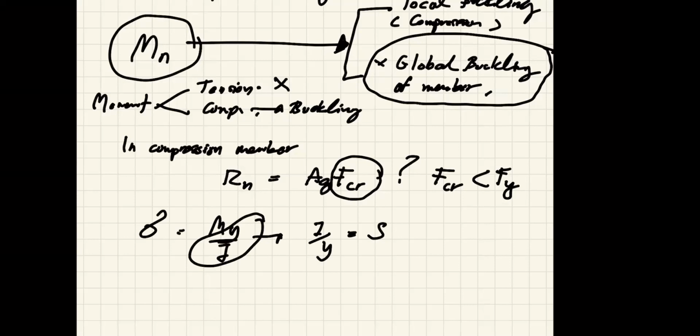So in the elastic world, your bending stress is equal to M over S, where S is the elastic section modulus.